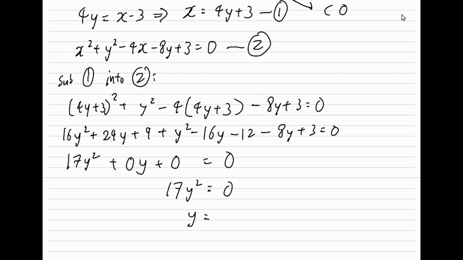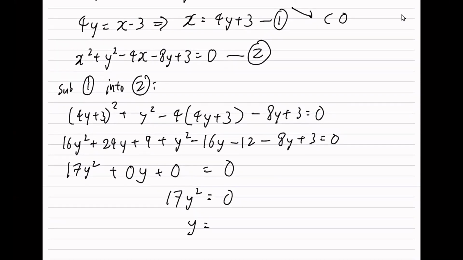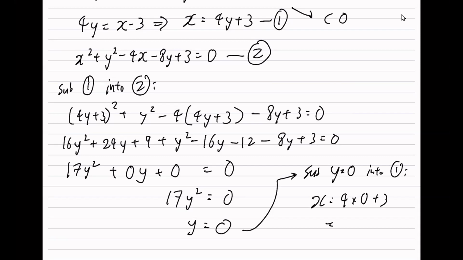What is y? 0. Yes. If y equals to 0, we can now sub y equals to 0 into equation 1. What do we get? x equals to 4 times 0 plus 3 equals to 3. So that means (3, 0). Oh, so this is the point.